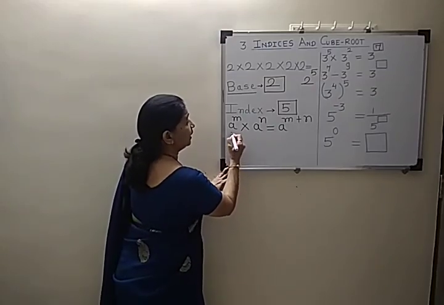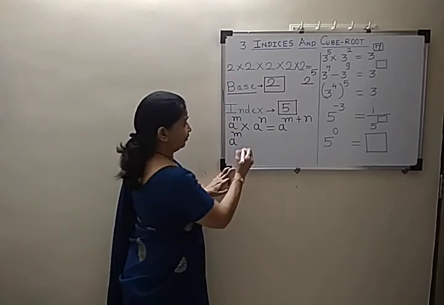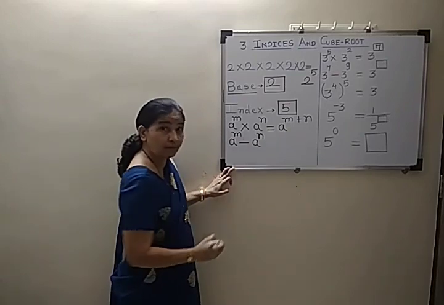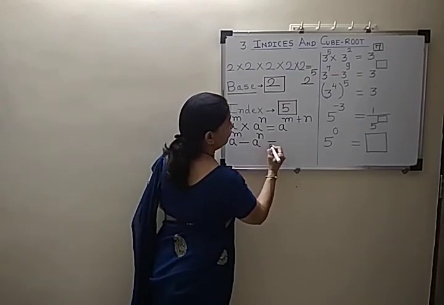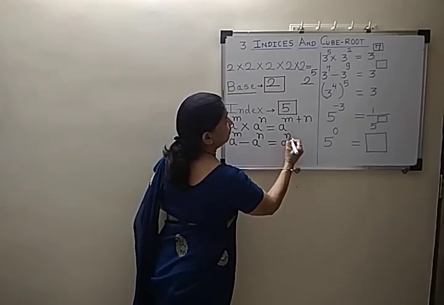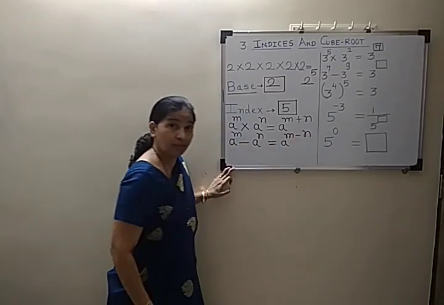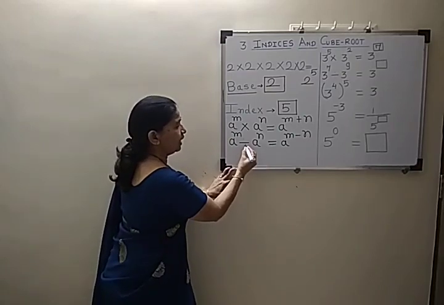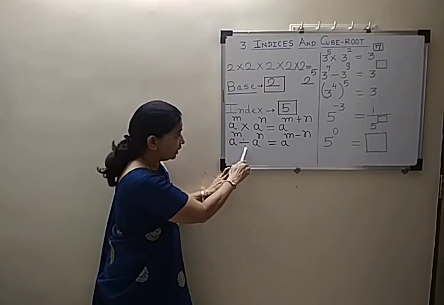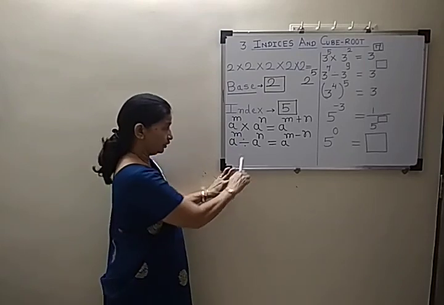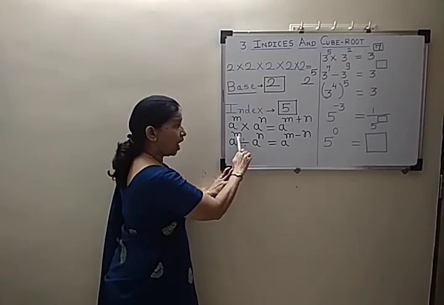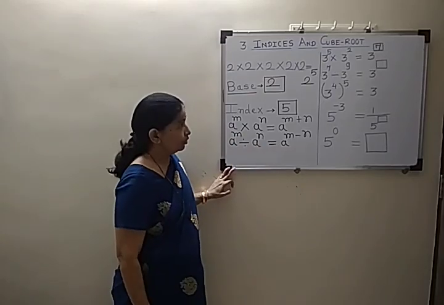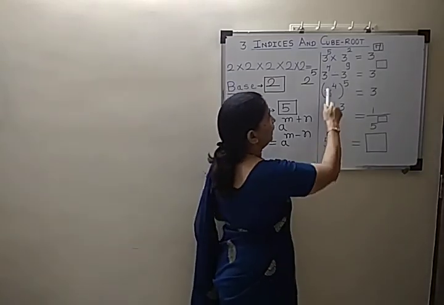It is a raised to m divided by a raised to n is equal to a raised to m minus n. Means what? When base is same and when there is division sign in between, that time I have to subtract the indices. So come on, subtract it.